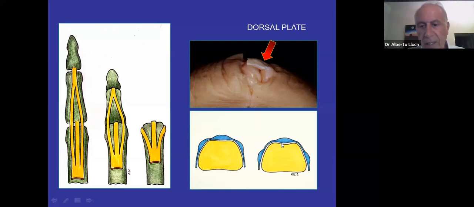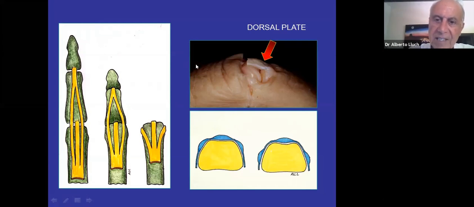And that's why it stays in the middle and has this thickening right here, which is called the dorsal plate, which morphologically it's like a patella tendon, a bone, and histologically it's fibrocartilage, because the tendon is not designed to support pressure, but just tension.